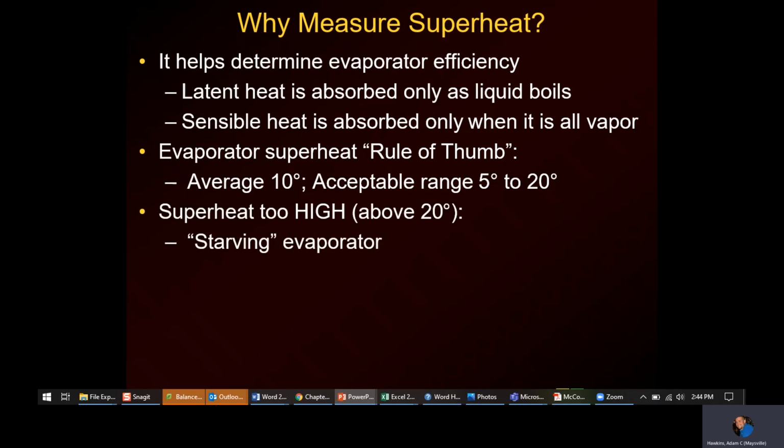If superheat's too high, if it's above your desired, it tells you that it's starving. And so what do you do about a starving evaporator? It means that it's getting rid of its refrigerant too soon, which could be a number of things. It could be caused by low charge. It could be caused by a restriction in the TXV.